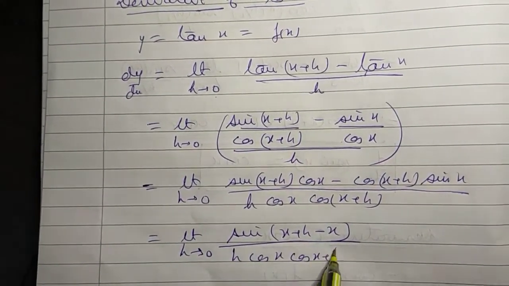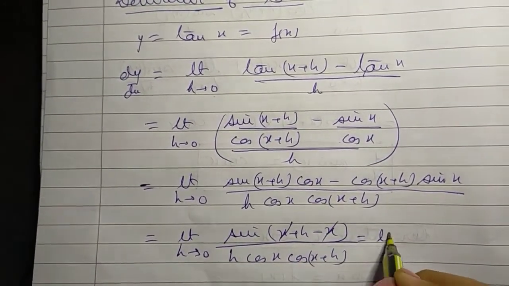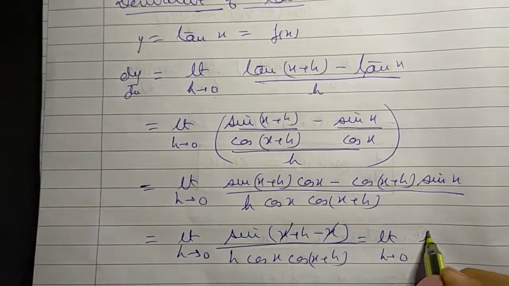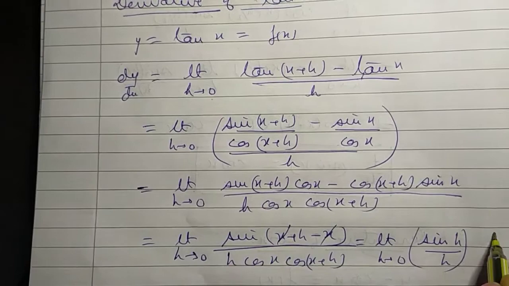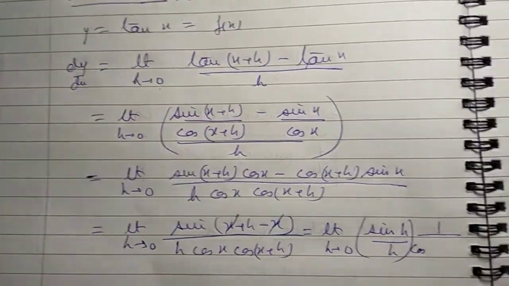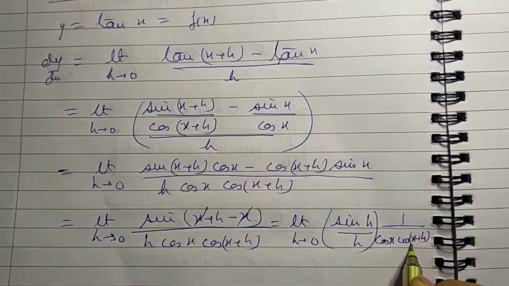The cos x gets cancelled and we get limit h tending to 0, sin h over h is one term, and 1 upon cos(x plus h).